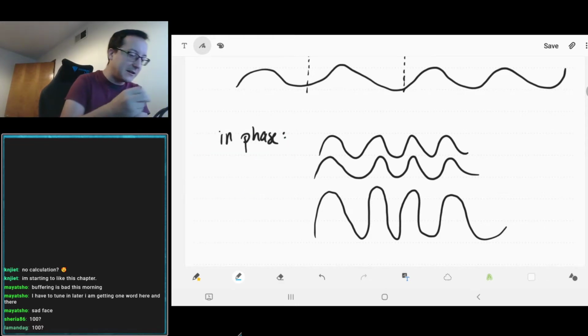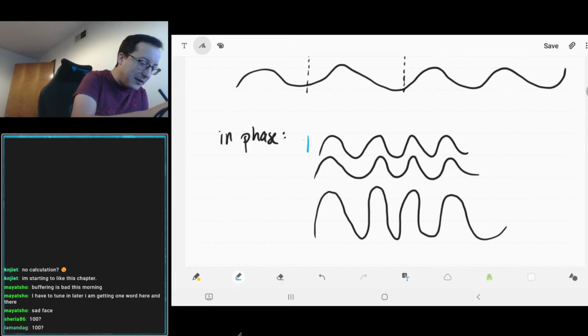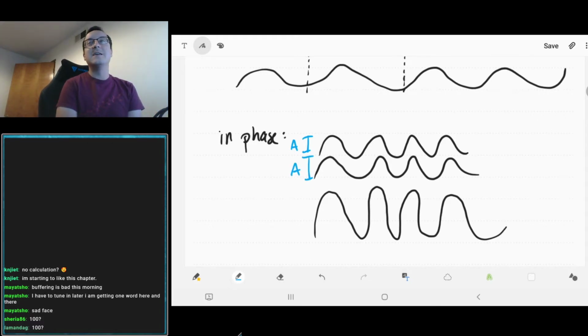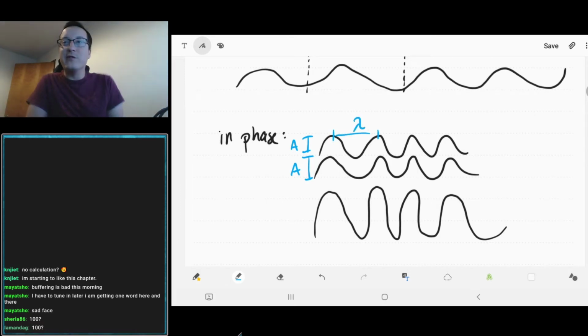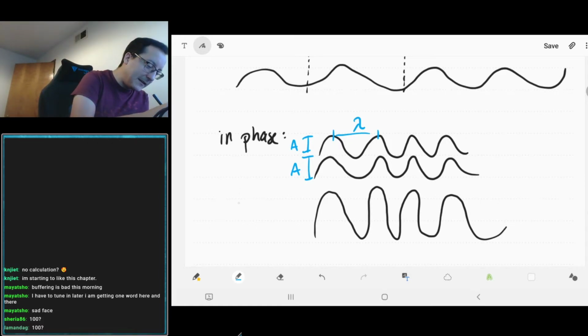Some things to look at. So we remember each wave had its own amplitude and its own wavelength, right? What we're going to see is these will do what's called constructive interference.